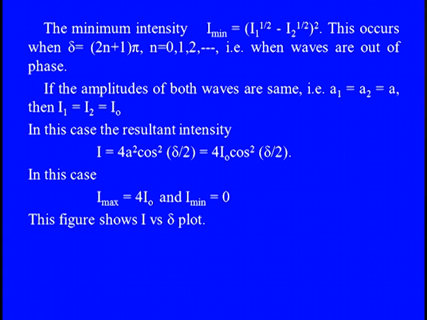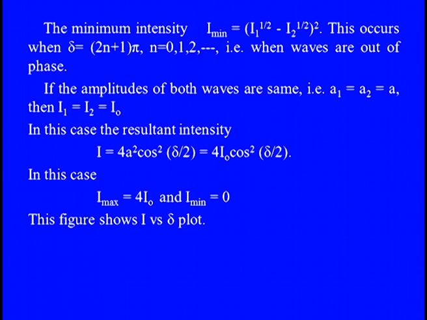If the amplitudes of the waves are the same, that is A1 is equal to A2 is equal to A, then I1 will be equal to I2 will be equal to I naught, say. In this case, the resultant intensity I will be equal to 4A square cos square delta by 2, or this will be equal to 4 I naught cos square delta by 2.